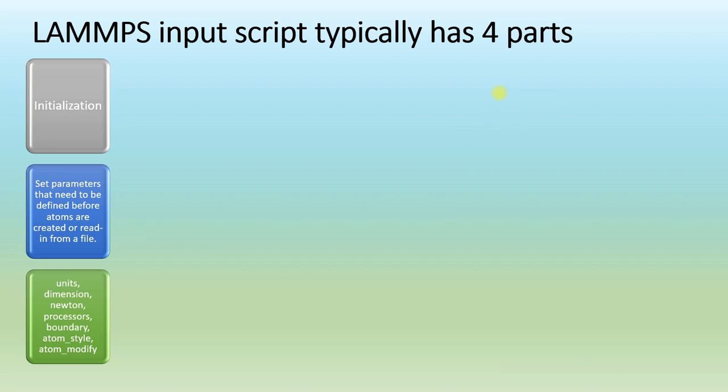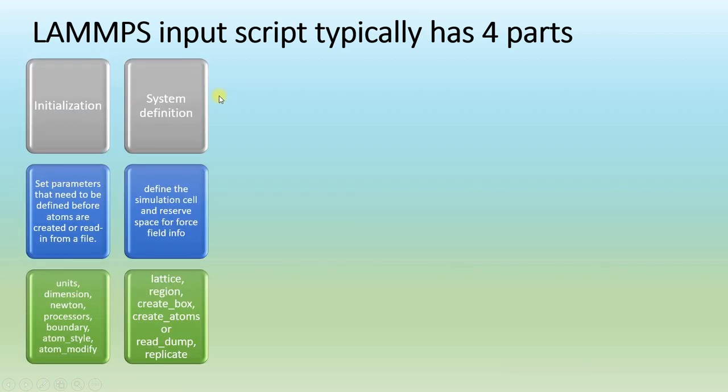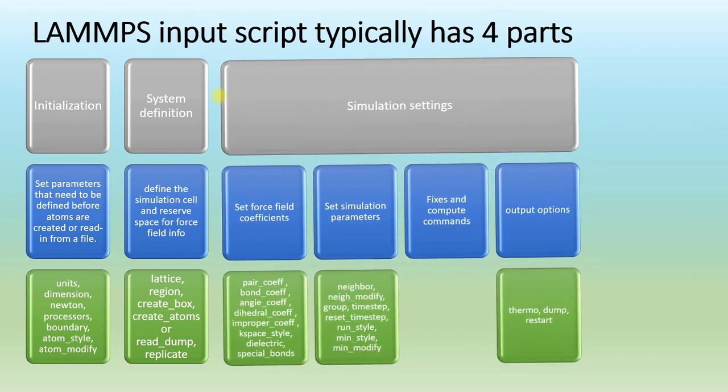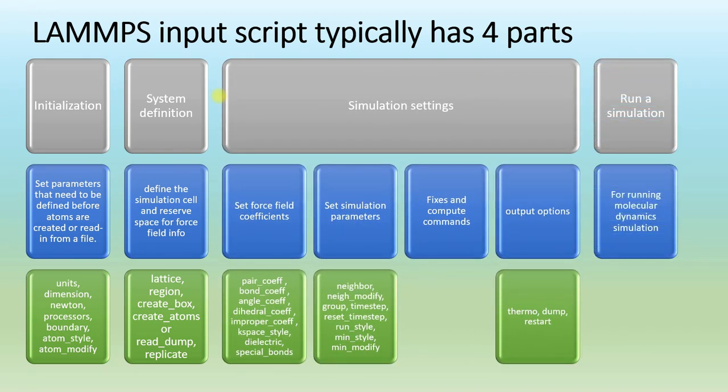For beginners, it is important to think of the LAMMPS script structure as composed of 4 sections. First is initialization, then system definition, and simulation setting, and then comes the run part. These are the 4 sections which I'd like to talk about briefly.